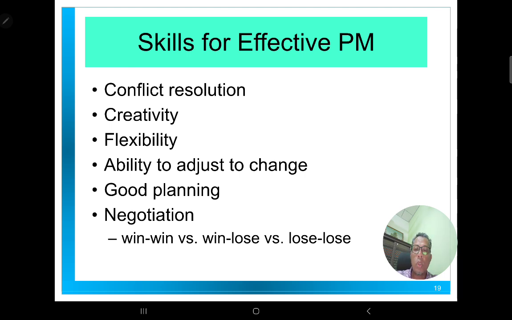It has its own objective that need to be achieved. So in order to be flexible, you should be able to also have the ability to adjust some changes, especially if it's involved design, it's involved technology. So it is necessary to make some changes to make sure that the end product can be produced.